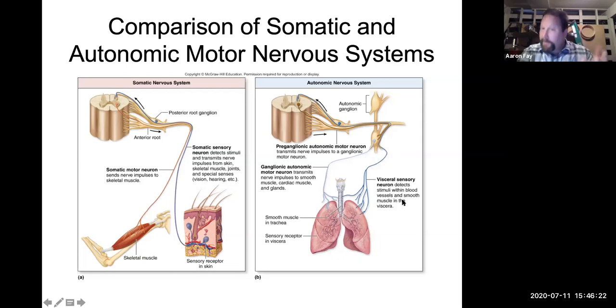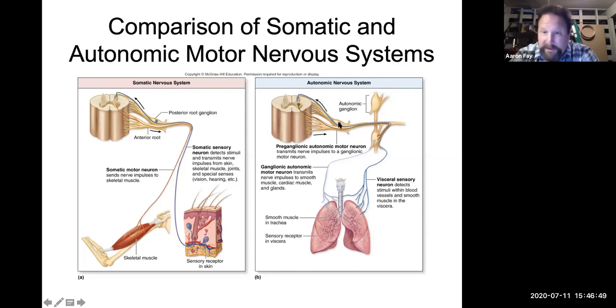In the autonomic nervous system, by contrast, we have one neuronal pathway in, but a two neuronal pathway out. So the neuronal pathway in, the afferent information, the visceral sensory neuron will be picking up unconscious sensory information. Its dendrites you can see coming in through this pathway.